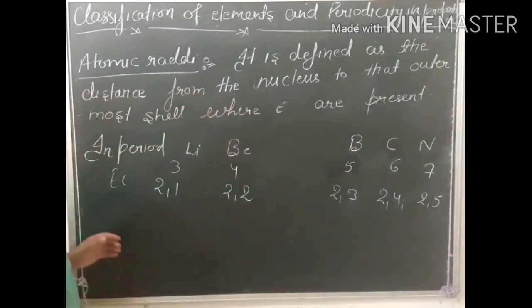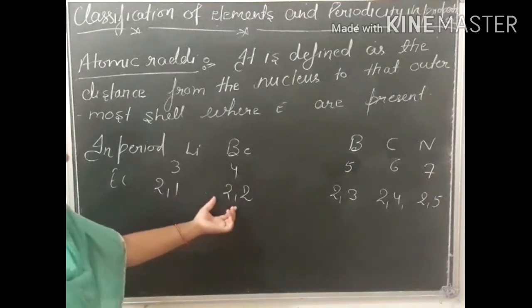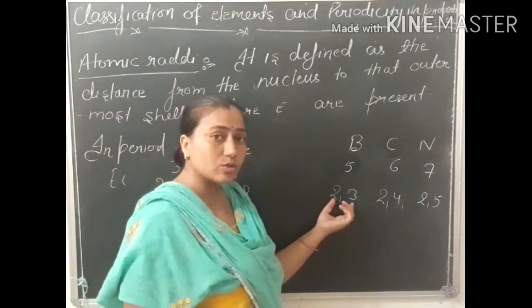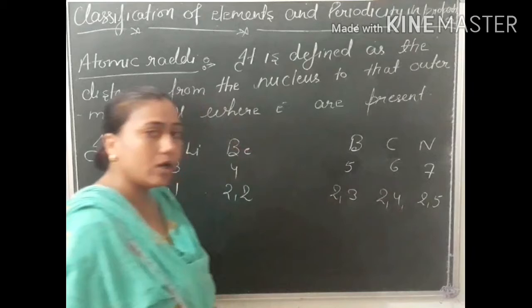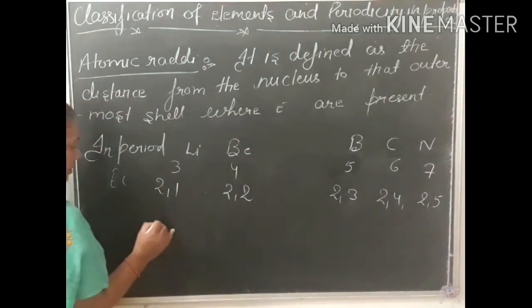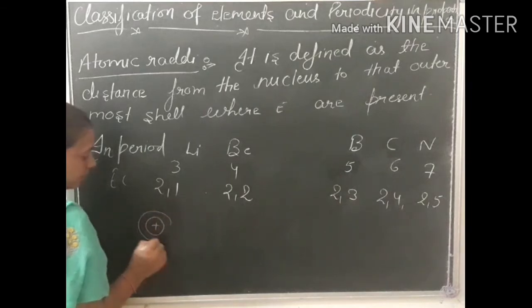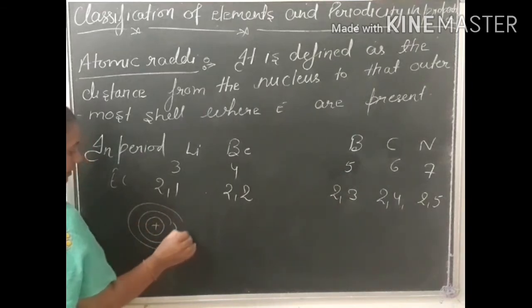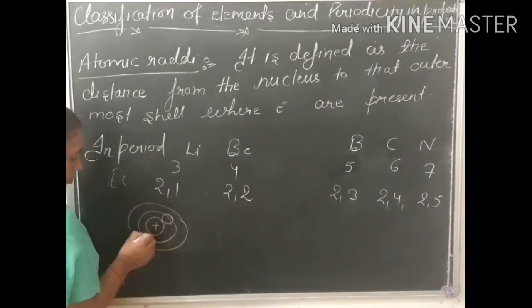Now we can say the number of shells here is 2, here also 2, and in all cases the number of shells is 2. This is the nucleus, this is the first shell, and this is the second shell. Here 2 electrons, and in the outermost shell 1.